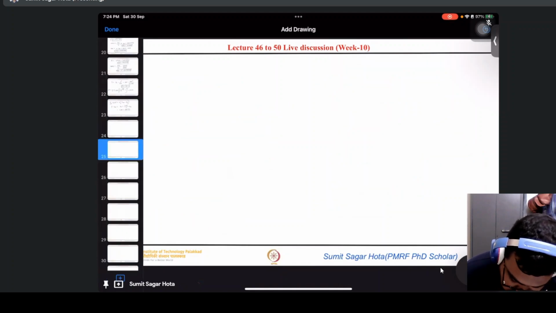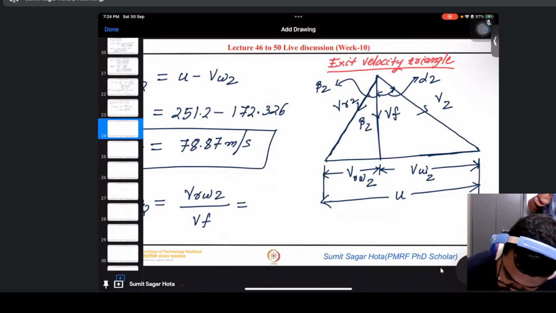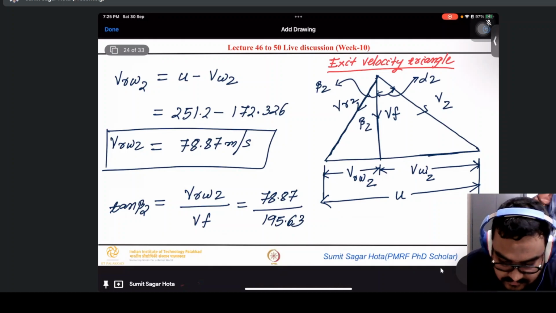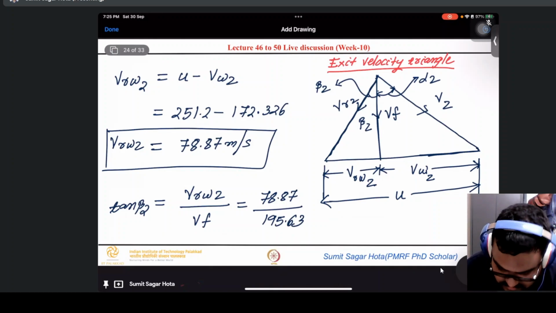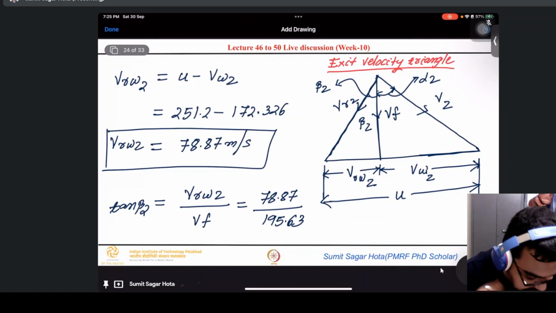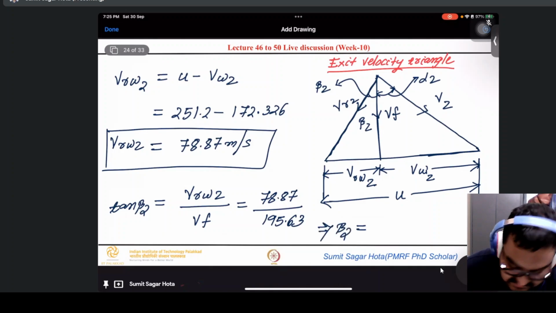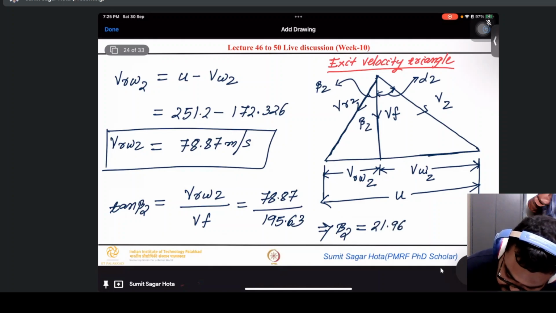Substitute. If you solve, you will get beta 2 as 21.96 degree.